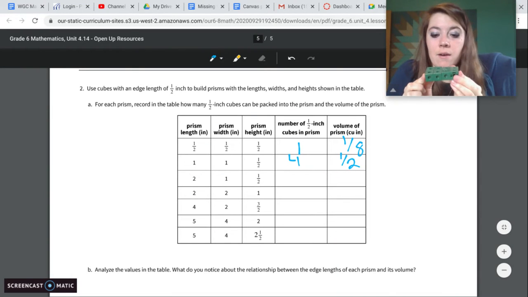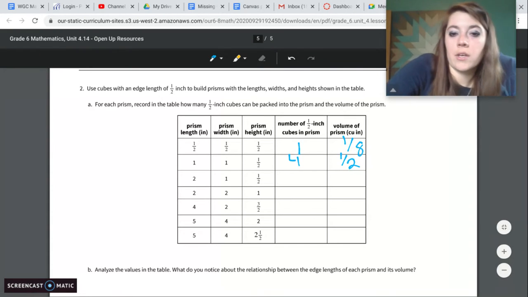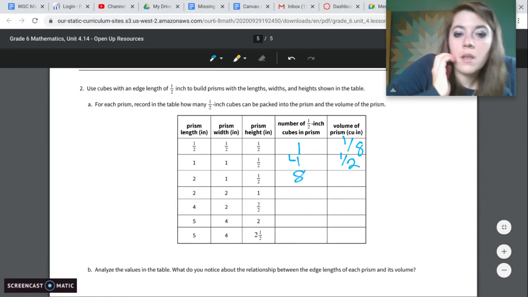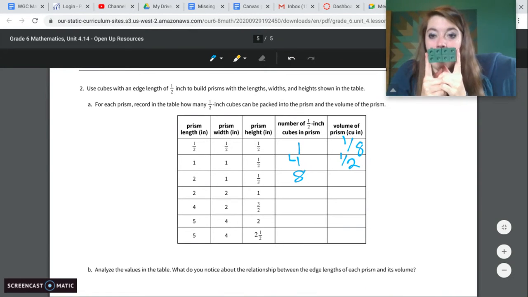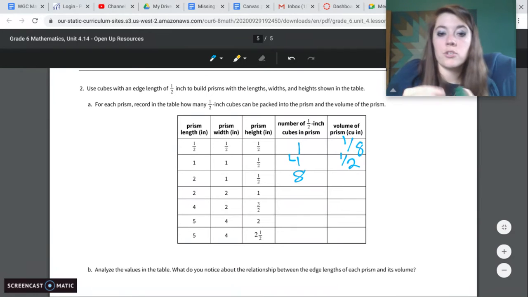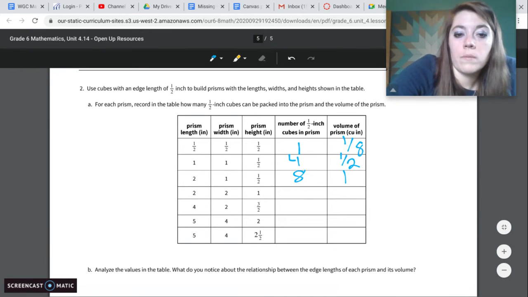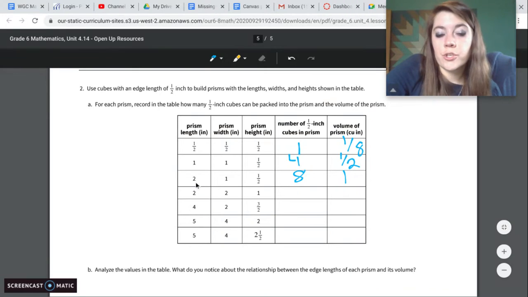And then we have a height of 1/2. So how many did this take? 1, 2, 3, 4, 5, 6, 7, 8. It took 8. And then if we multiply, so 8 of these, 8 times 1/8 is just 1 whole. Also looking at it here, 2 times 1 is 2, times 1/2 is 1.